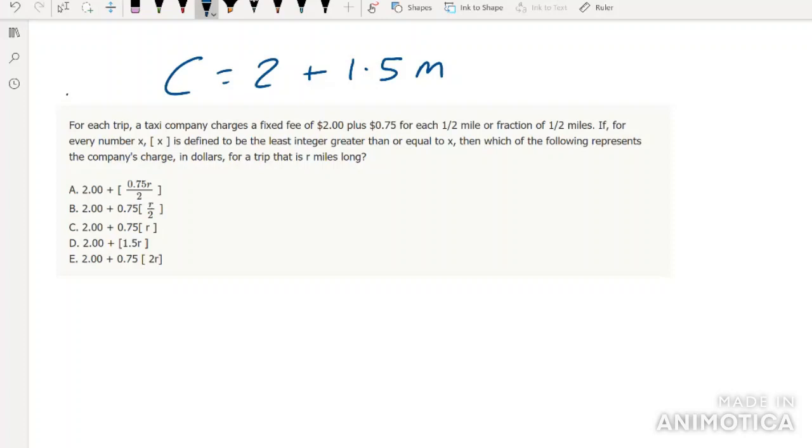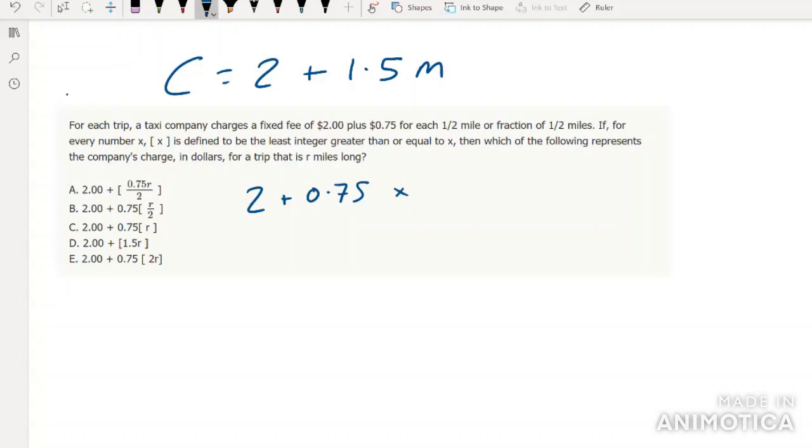Well, it's just... oh, what a nasty little last bit. Well, okay, maybe we are going to have to do the thing in halves. So C equals 2 plus 0.75 times the number of halves rounded up.